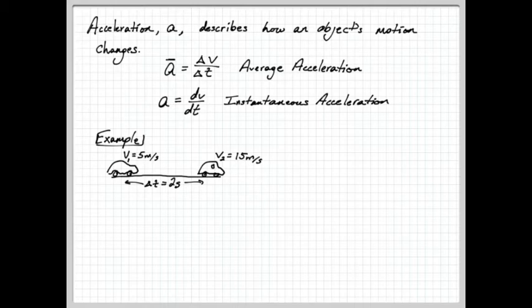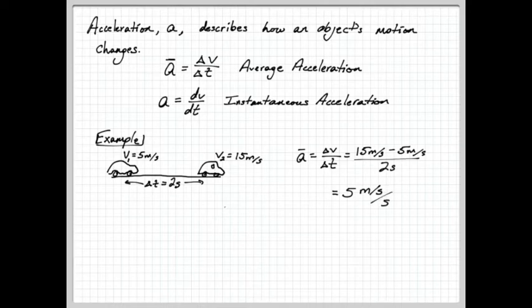If we know the change in velocity and how much time it took, we can define the average acceleration. So 15 meters per second minus 5 meters per second, all over 2 seconds. A quick crunch of the numbers should lead to an acceleration of 5 meters per second per second.